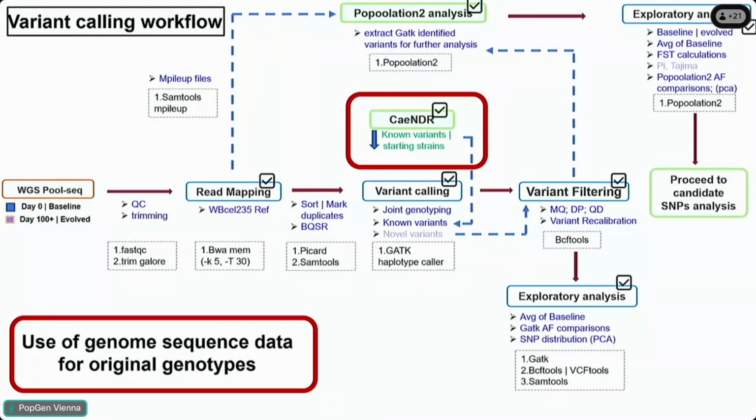So in our analysis, we only considered SNPs that were already present in these original genotypes, because there we knew that they must be there, that they are really reliable. So avoiding any kind of problems with artifactual SNPs that we could not properly verify. And this is, in my opinion, important, because then we are more confident that when we see changes in allele frequencies, they are really real, even if the frequencies of the alleles are really, really rare.